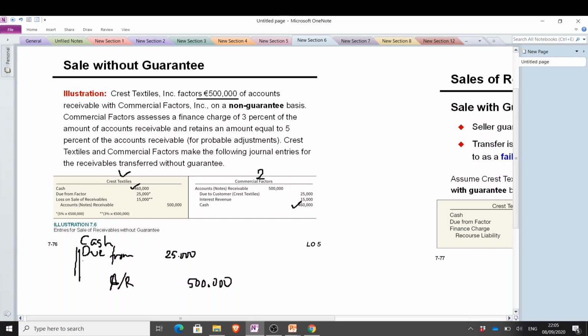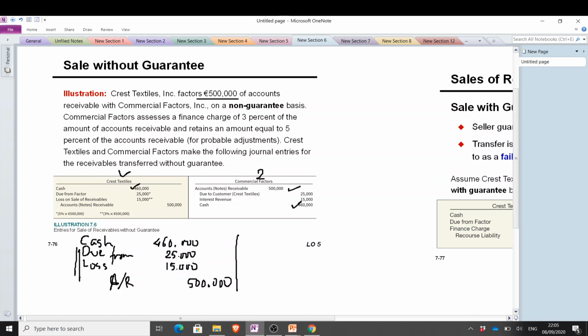And there is a loss due to the sale, which is 3%, so it is $15,000. So the money that the company received is only $460,000. That is the journal on Crash Textile.